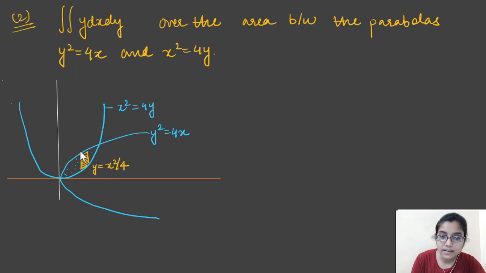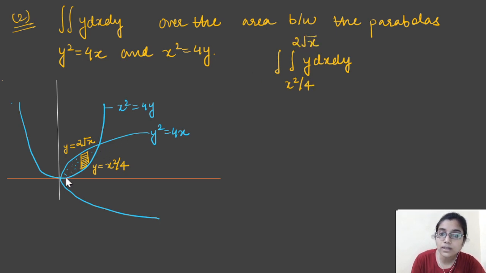And the top curve is y square is equal to 4x, but since you want the value of y, it is going to be y is equal to plus minus root 4x, but since we are in the first quadrant, we take the positive value, root 4x, which is 2 root x. So we got the limit of y from bottom to top, that is from x square by 4 to 2 root x.